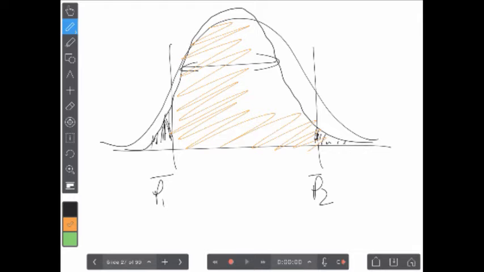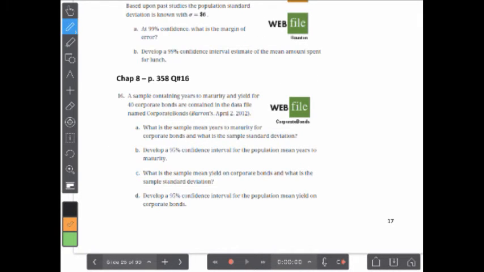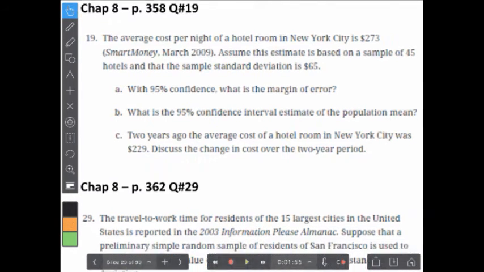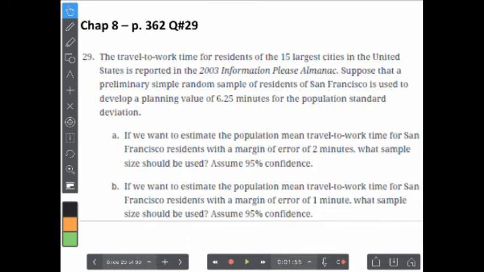I see I have another question, which is chapter 8, problem number 29. Let's take a look at that question. The travel to work time for residents of the 15 largest cities in the United States is reported in 2003.